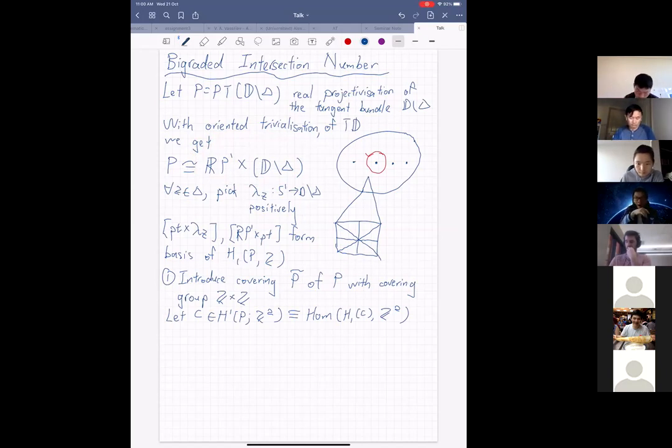So how do I define it? I define it as: if I take the lambda z, I will send it to this point. If I take a point in RP1, then I will send it to this point.